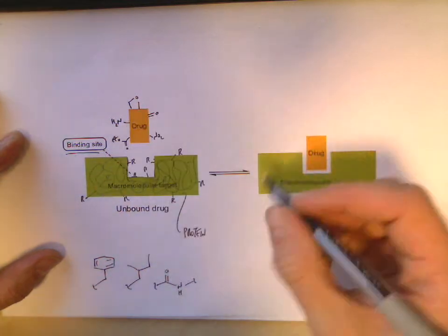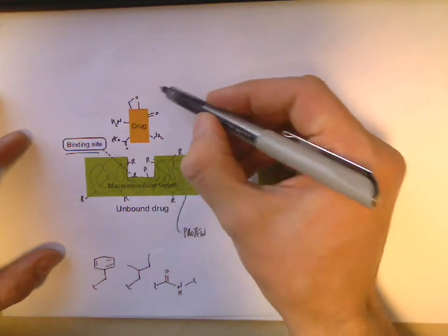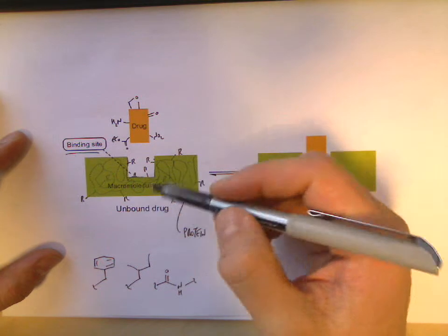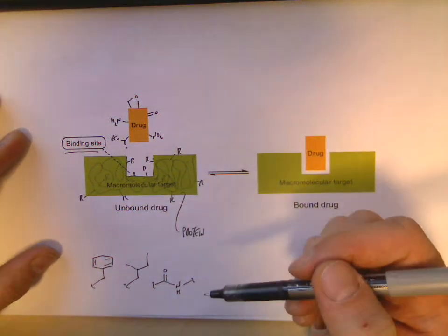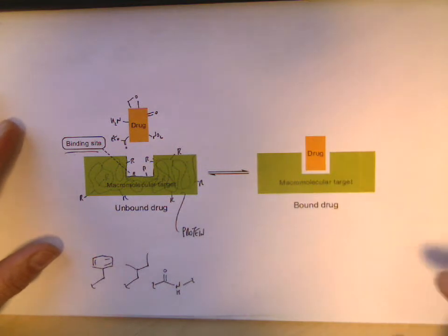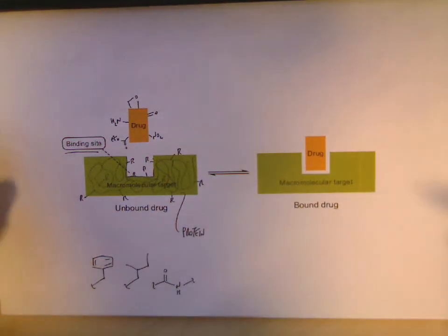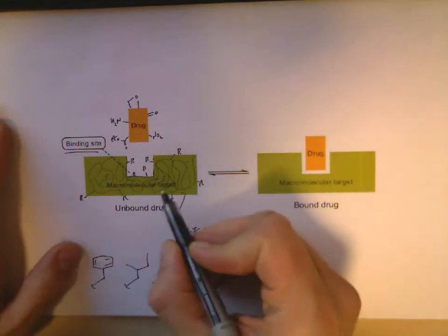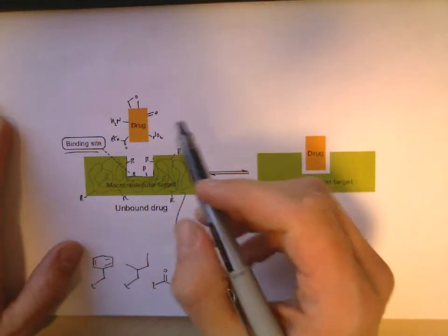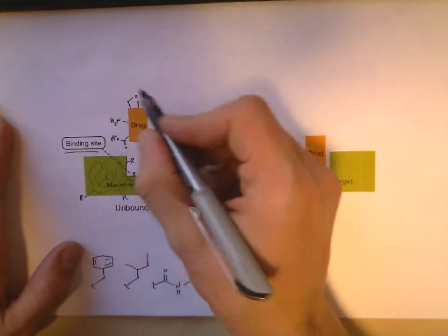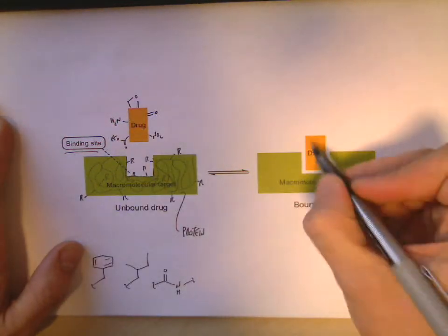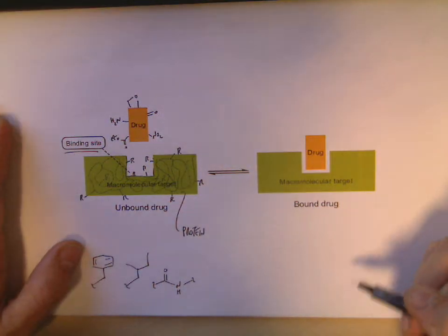In the drug development side of things, you optimize your drug to interact with the proteins in our body. And when you take your medication, providing that the drug can get to the site of action, there will be an equilibrium between when the drug is free in solution or in the cell, and when it's bound to the actual target.